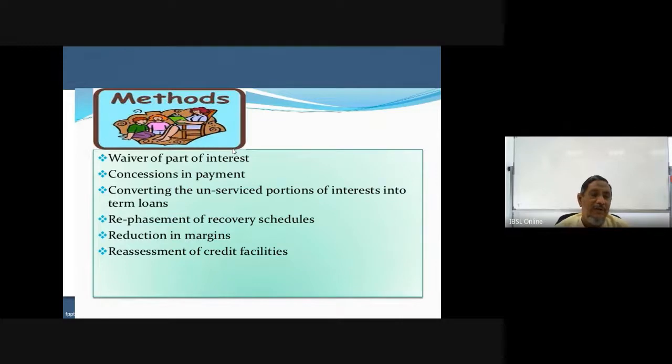Interest waiver should be given not as a benefit, but as a last resort, where a customer cannot restore his business and is unable to pay. Only then do we give this concession. When we offer an interest waiver to the customer, there's a condition. What is that condition? We offer the interest waiver as a terminal benefit.